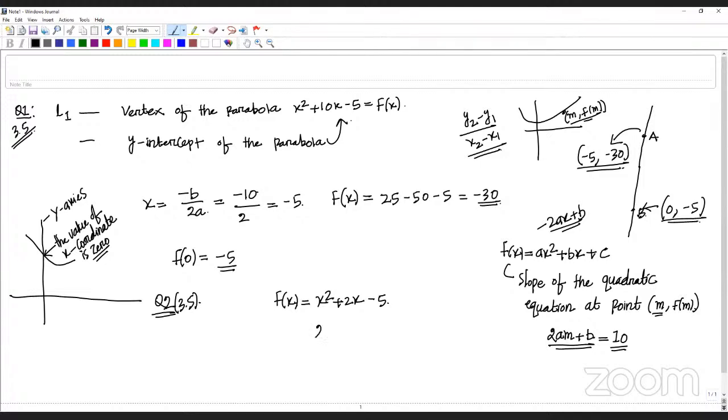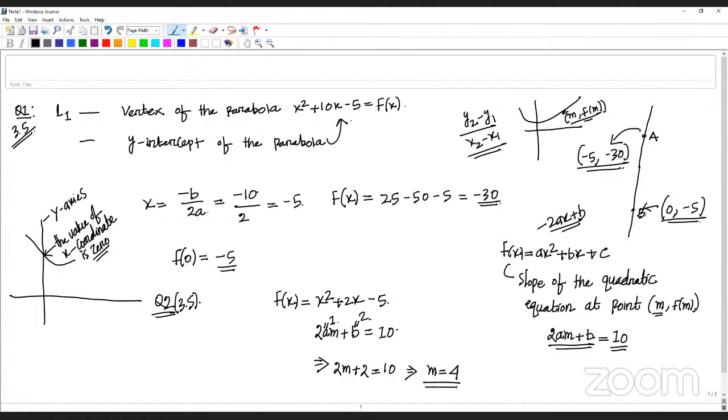So if 2am plus b is 10, what is b here? B is 2. And what is a here? 1. So that means 2m plus 2 is 10. That means m is 4.